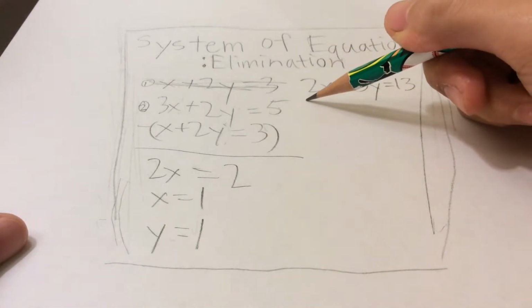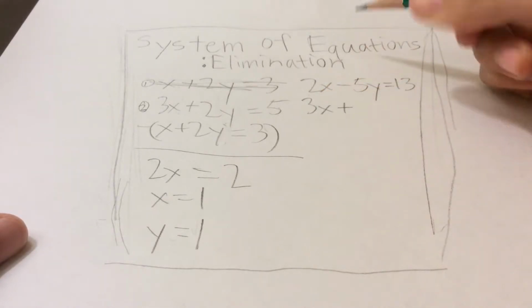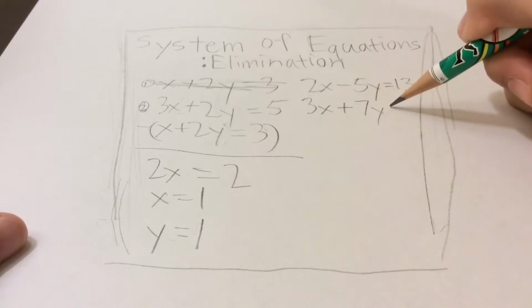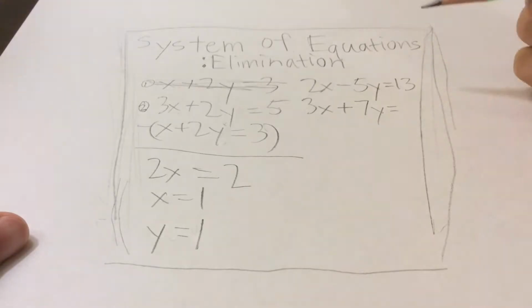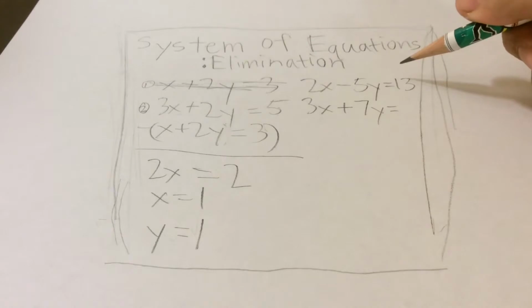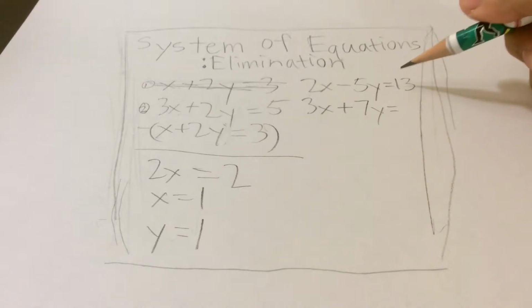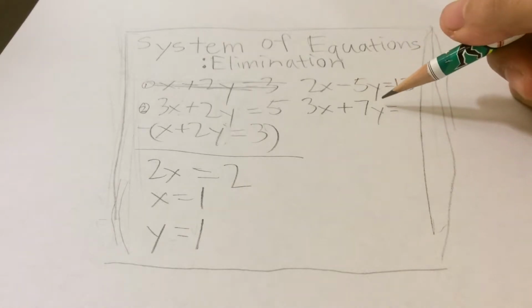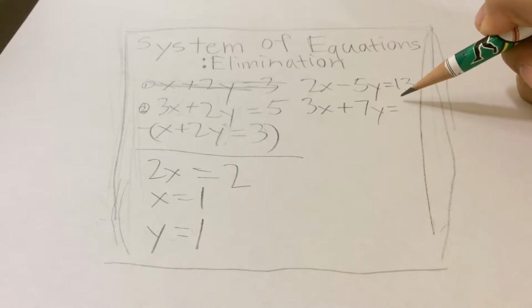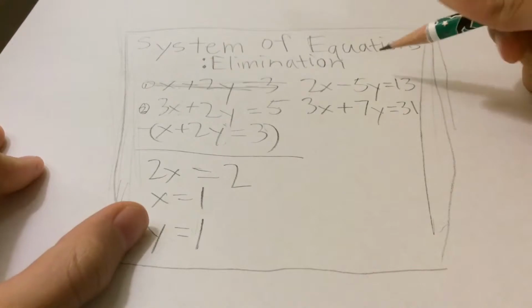And 3x plus 7y equals, let's think here, how about 31? 31 looks like a big enough number for this.